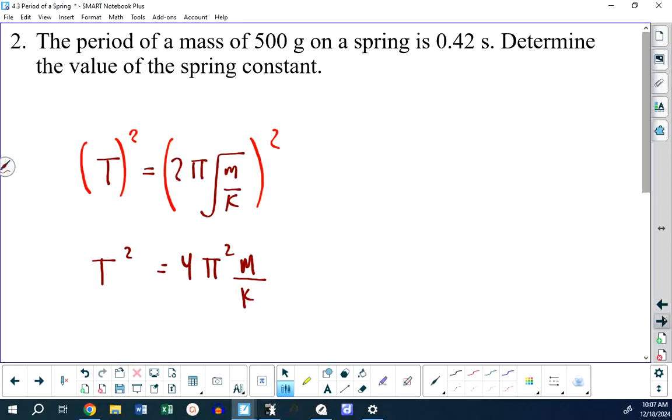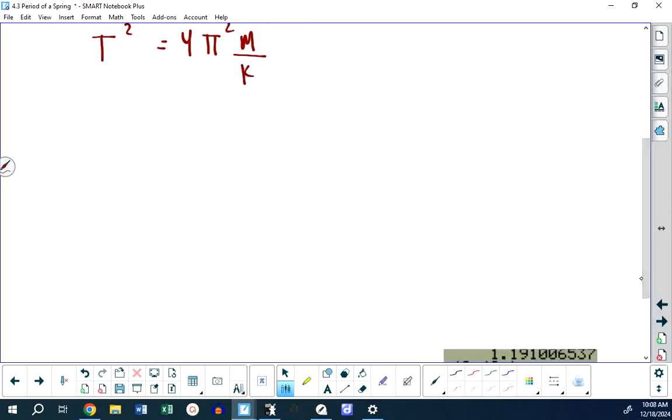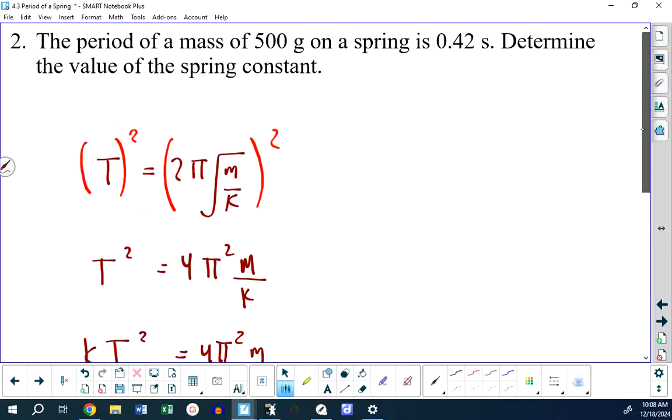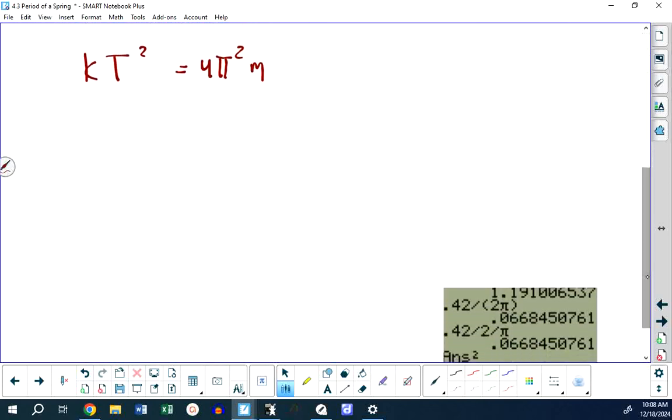The square of a square root is just the thing underneath the square root. If I multiply both sides by k, also known as cross multiply here, I get this. What am I after here? Am I after the period? No, I know the period. I guess I'm after the spring constant. So I can divide both sides by T squared and get 4 pi squared m over T squared.